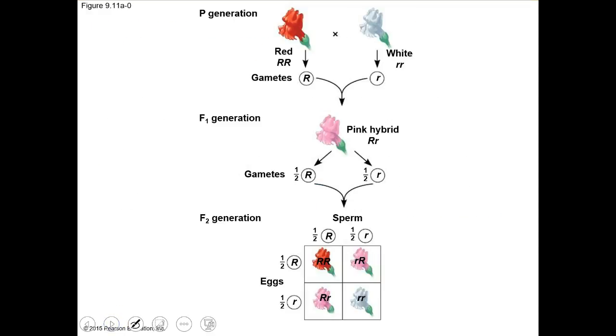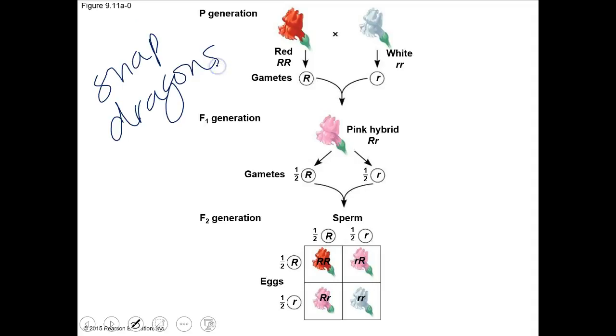Okay, so let's say we have snapdragons. This is our major example here, snapdragon flowers. So we have red snapdragons and we have white snapdragons. Well, when we cross those, we get pink snapdragons. So they're a blend of the two.